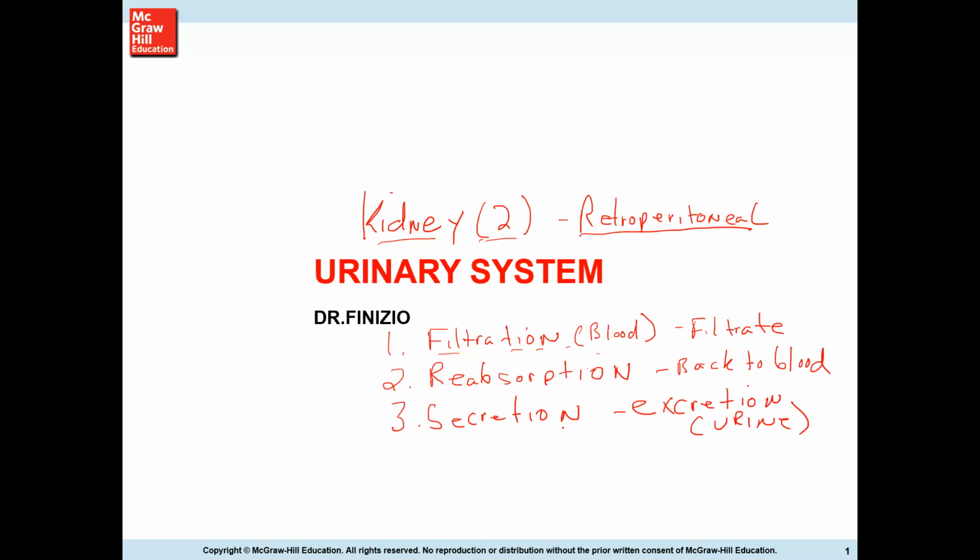So there is endocrine function, which you're going to find out in lecture. And last, but of course not least, is your acid-base balance. So endocrine hormones, right? Secreting hormones, endocrine.